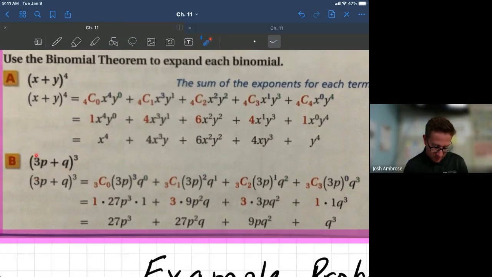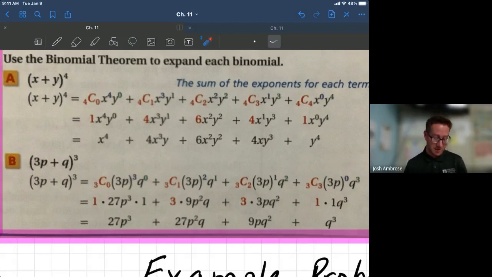What if you have a coefficient at the beginning? It doesn't change your steps at all, but what it does require you to do is use parentheses, because everything in those parentheses is brought to a power. That's really important, because if you only bring this power to the variable but not the coefficient, you will be very, very wrong in your answer.